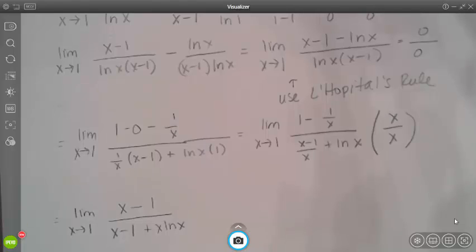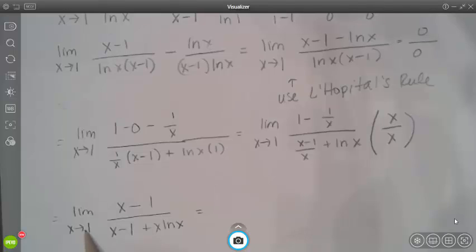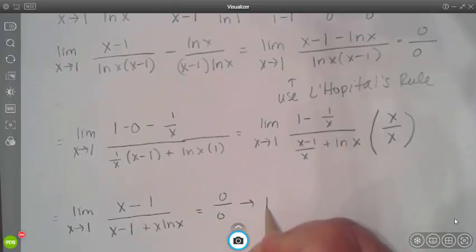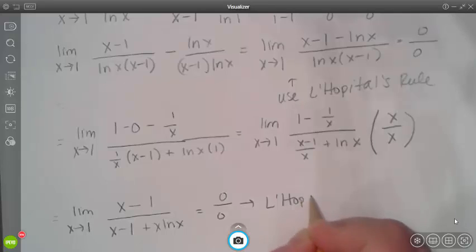Now let's plug in 1 again. When I plug in 1, I get 0 on top. 1 minus 1 is 0, plus 1 times 0, so I still get 0 over 0. So hey, guess what? I can use L'Hopital's rule again.